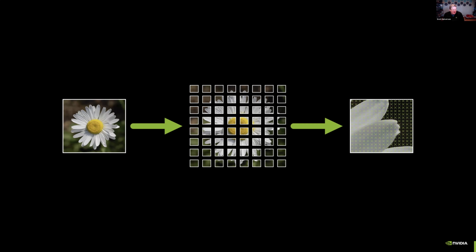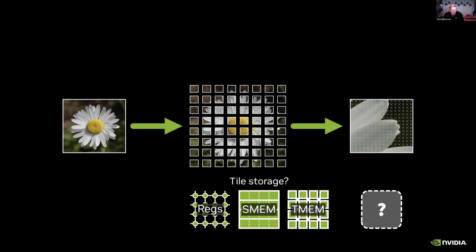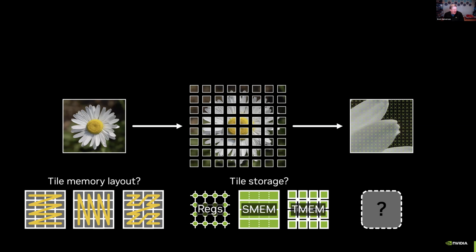So once you partition your work and data, exposing parallelism, there are still decisions to be made. What elements of data will each thread work on, for example? You also have questions of where each thread keeps copies of those elements. And we have questions of how these local copies should be laid out in memory?